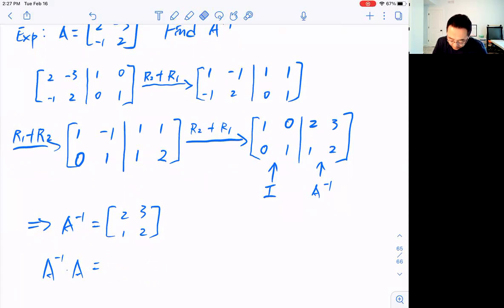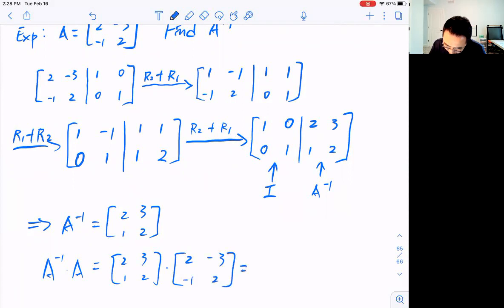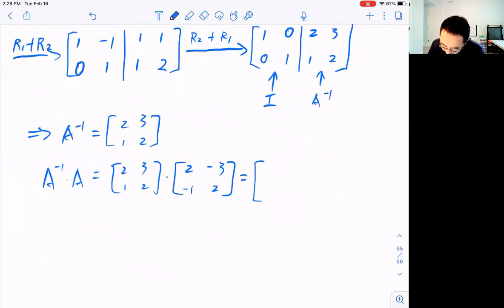So this is 2, 3, 1, 2 times 2, -3, -1, 2. That equals, the first element here equals 2 times 2 plus 3 times -1, because it's these two multiplied plus these two multiplied.